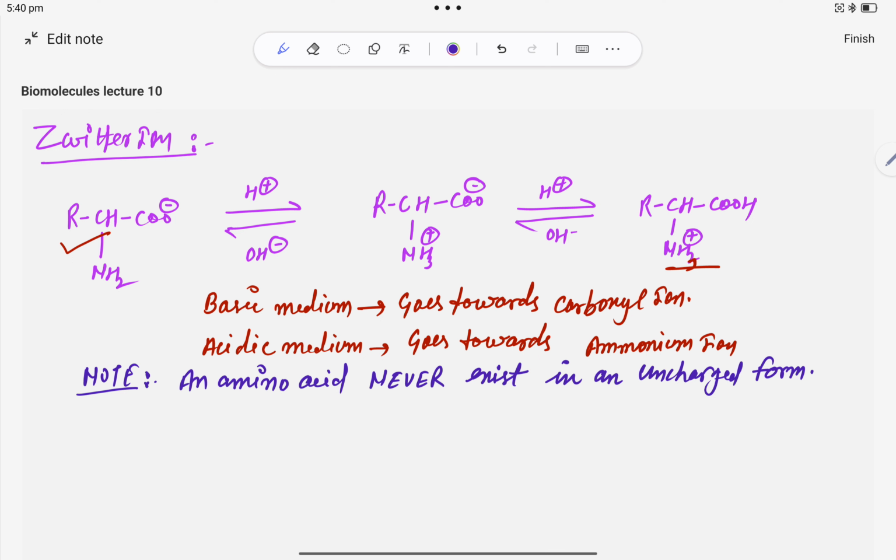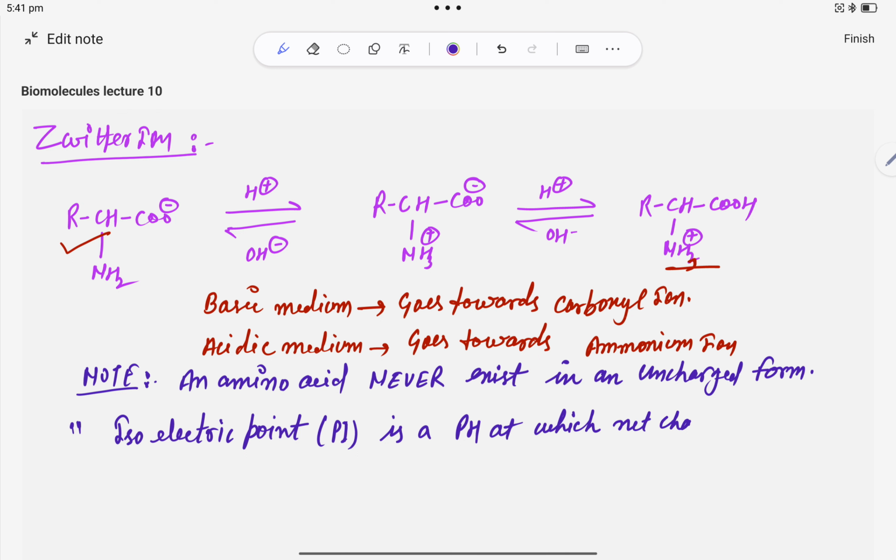What is isoelectric point? Isoelectric point, it's called pI, is a pH at which the net charge of protein is zero.